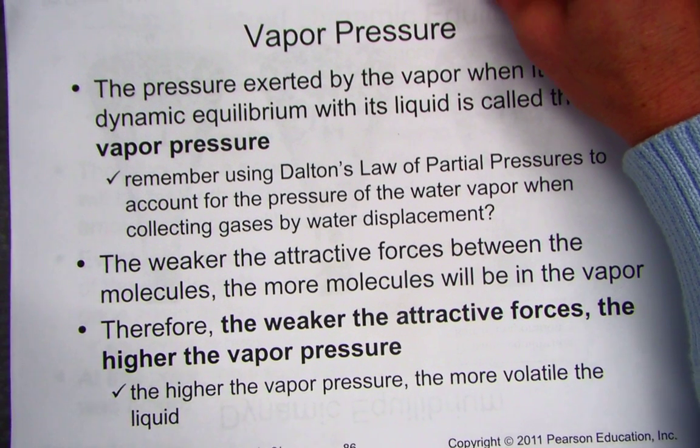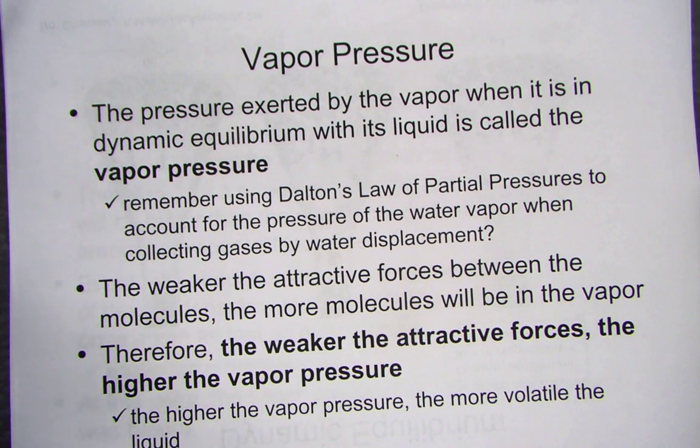That term, called vapor pressure, is how we measure the amount of vapor, the amount of gas phase on top of its liquid. When we have an equilibrium occurring between the liquid and gas phase, we call that vapor pressure. Remember using Dalton's law of partial pressure?